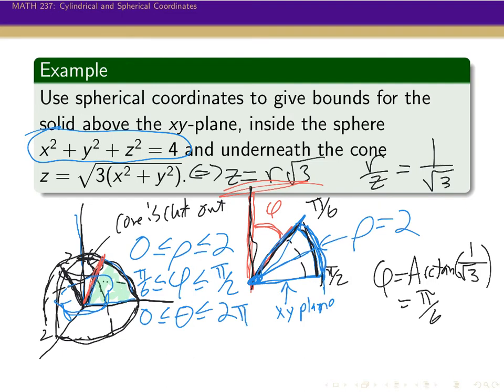Okay. And so if you think about this, if you tried to do this in either rectangular coordinates or even in cylindrical coordinates, you'd have to break this up into multiple solids to put this together.